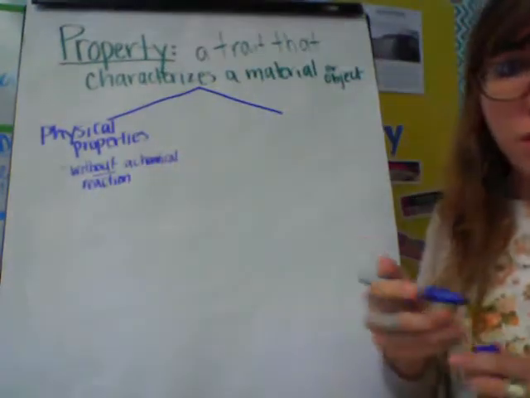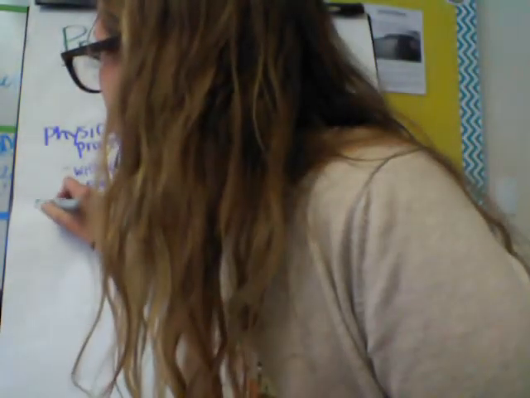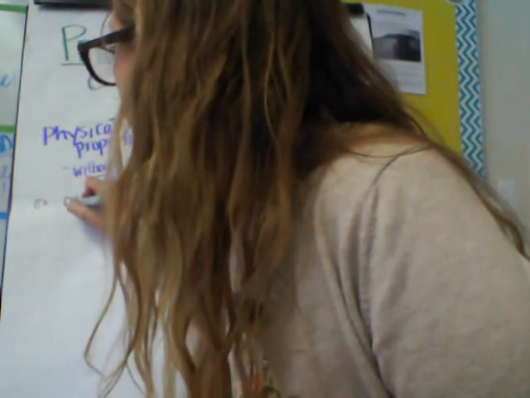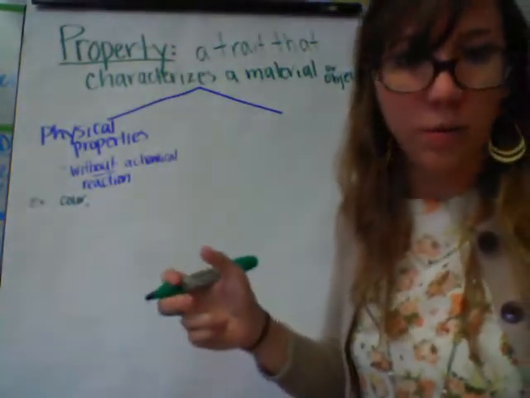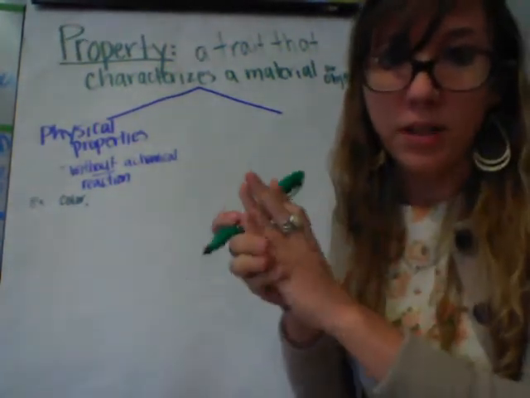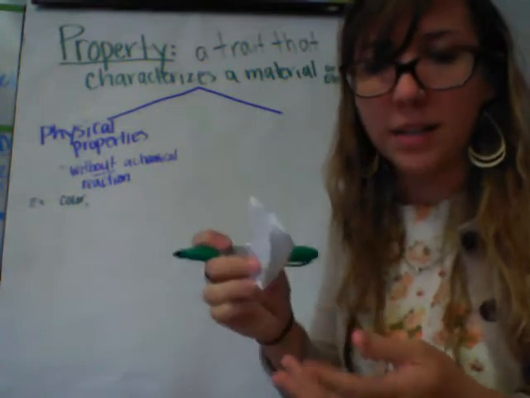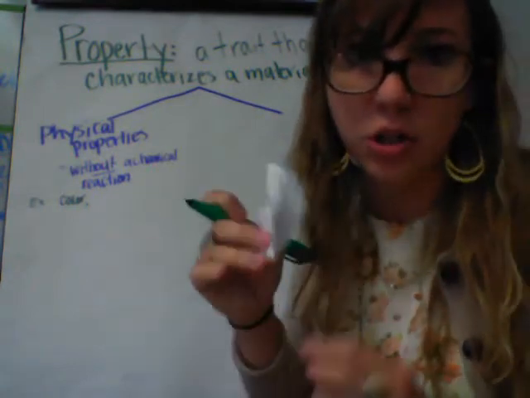So for example, color might be an example. The ability for it to be shaped. For example, this piece of paper can be crumpled. That's a physical property. I can see that without the addition of any other chemicals. I can see it without a chemical change occurring.